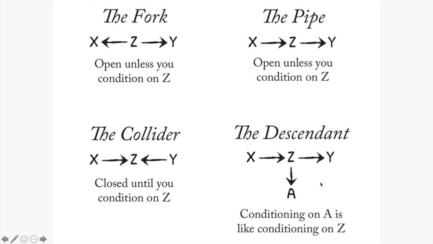And the descendant is a lot like the pipe, where if you condition on a, it's like conditioning on z, and so it closes the confound. So sometimes we may not have z, but we might have variable a, and we can control for a, and that will be similar to controlling for z.